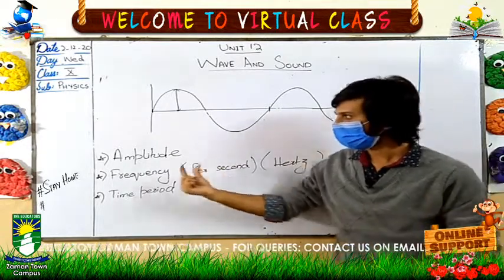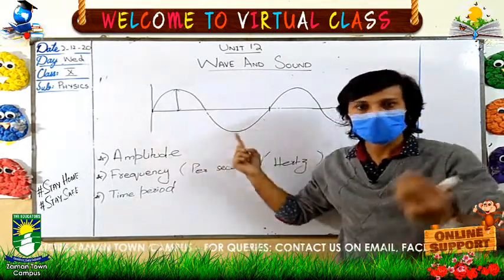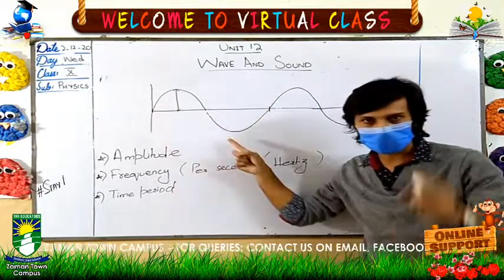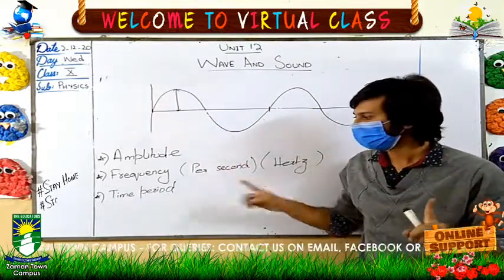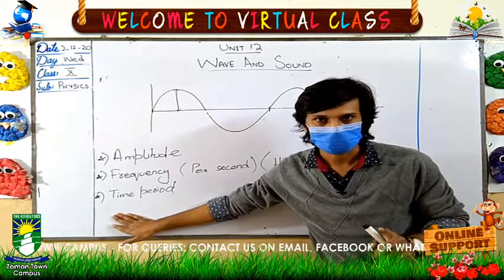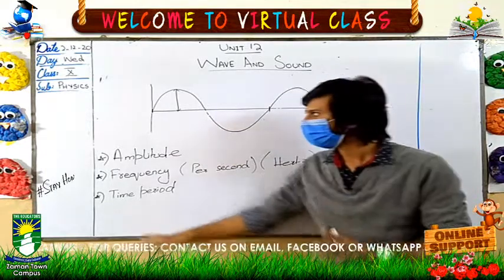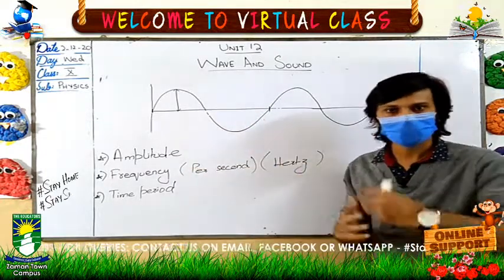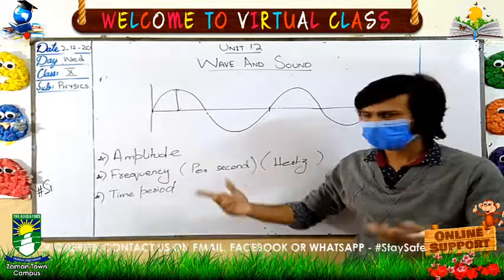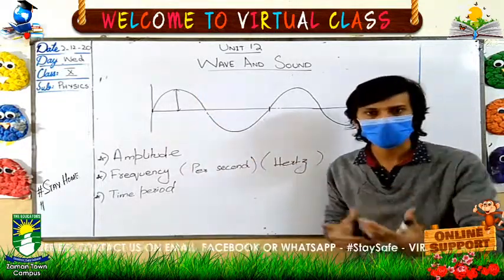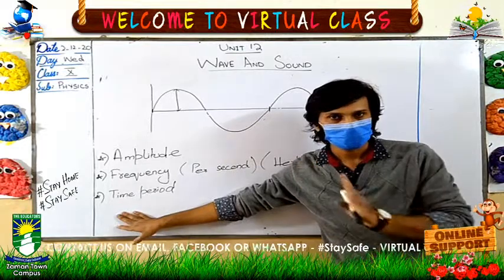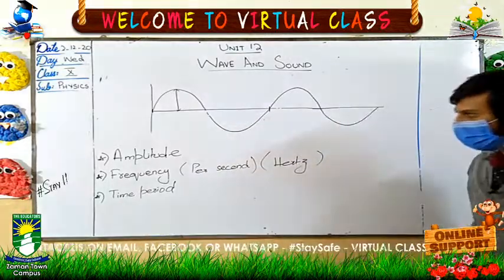The time in which it completes one cycle is the time period of that wave. Getting? So time period is the time for a complete cycle. Okay, what do we have left?